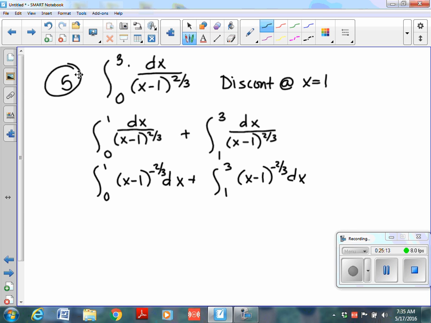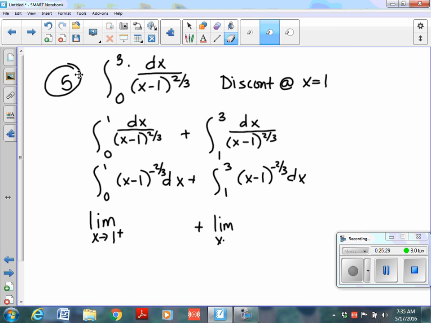Okay, so what I'm going to do is I'm going to look on the left side as x is approaching 1. And this one, I'm going to look at the limit as x is approaching. Let's see. Start again. As c is approaching 1 from the left, and this is c approaching from the right.